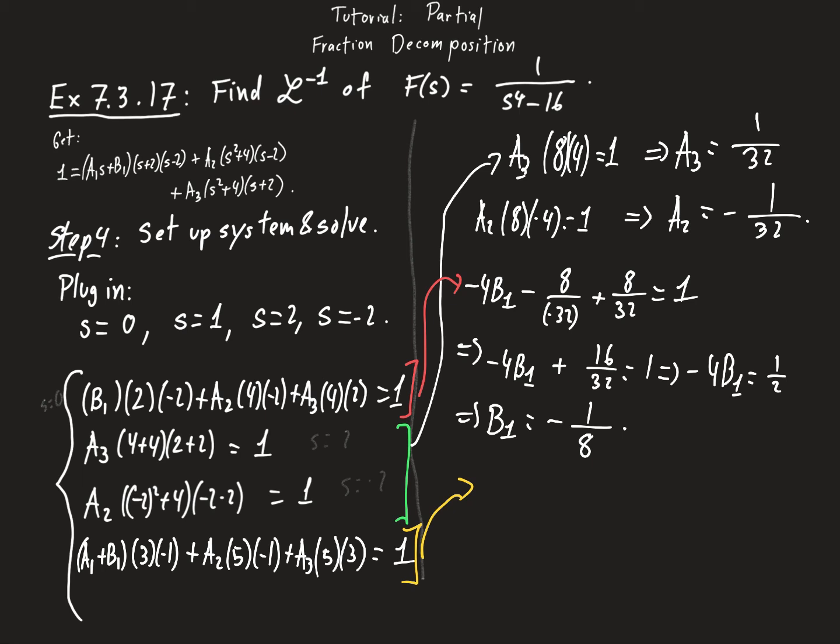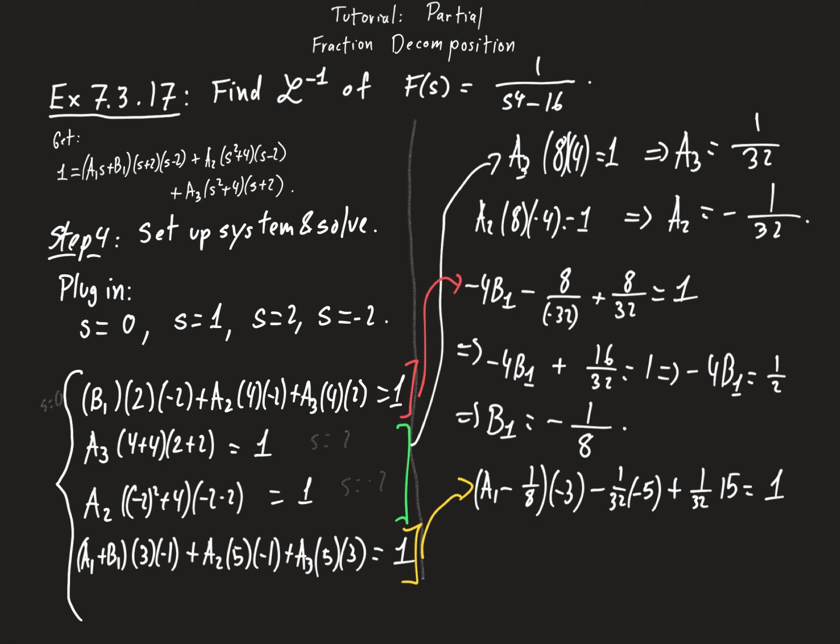So now we're going to get that a1 minus 1 over 8 times negative 3 plus a2, so rather than plus, that should be a minus 1 over 32 times negative 5. And this should be plus 1 over 32 times 15 is equal to 1.